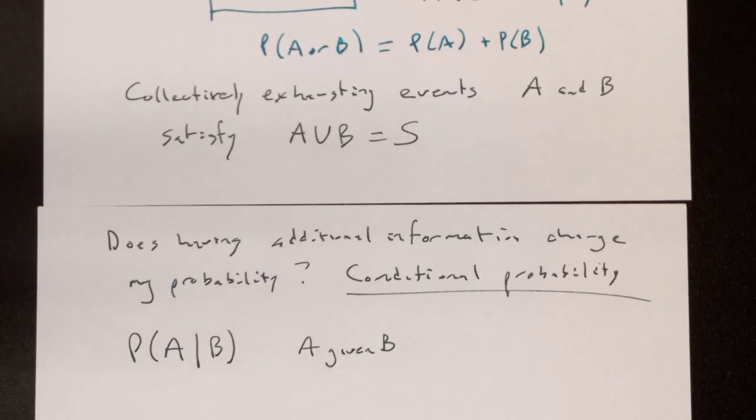So I'm telling you up front, B has already happened. Does that change what we know about event A?